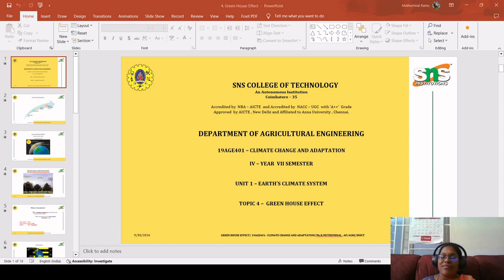So the initial starting point of solar radiation is the sun. The Earth's surface is only capable of absorbing 51% of incoming solar radiation. That means, as I showed you in the previous session, after the solar radiation reaches the Earth's surface, it gets absorbed, it gets reflected, and it gets emitted, of which the absorbed radiation is only about 51%. 30% of the solar radiation that reaches the Earth gets reflected by the Earth's surface and atmosphere, and 19% of solar radiation is absorbed by the atmosphere.